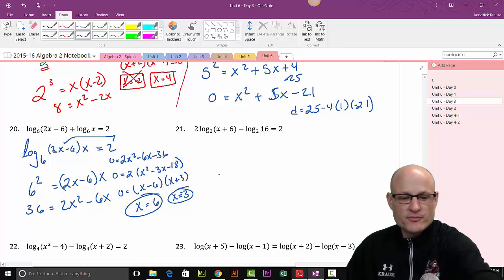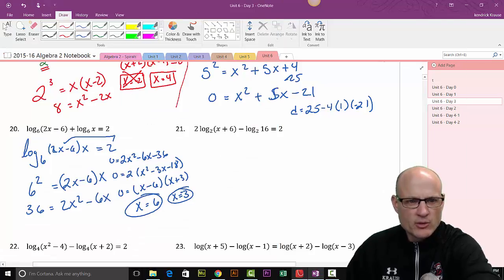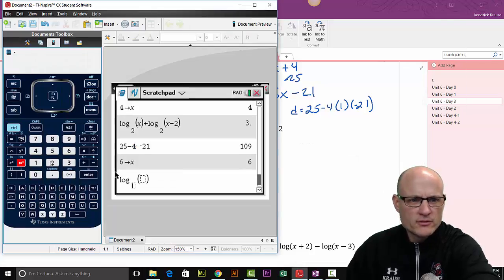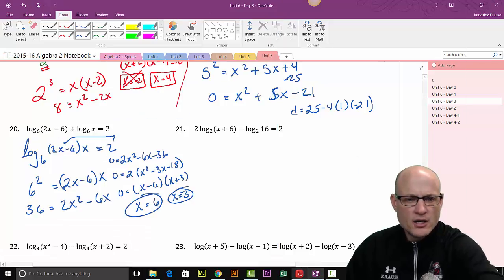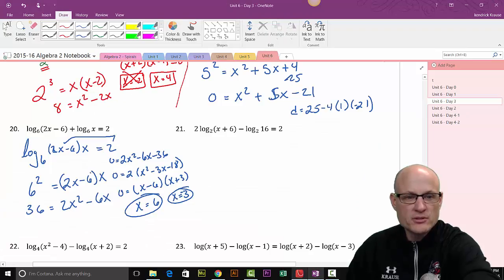So we should test those. So let's take 6. It's probably the one that's going to work. Don't know if the other one's going to work. We're going to do log base 6 of 2x minus 6 plus log base 6 of, I believe it was just x. And we get 2. Yay.